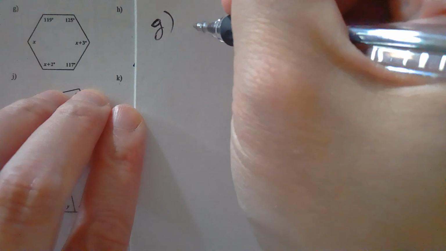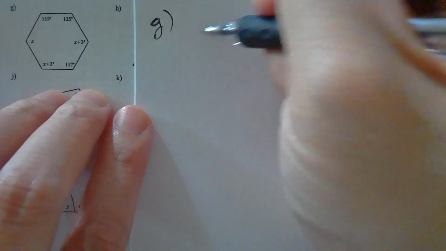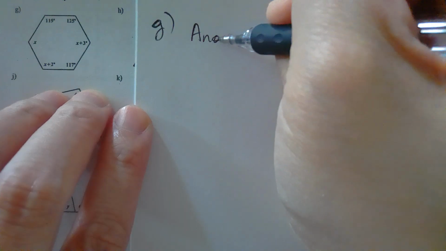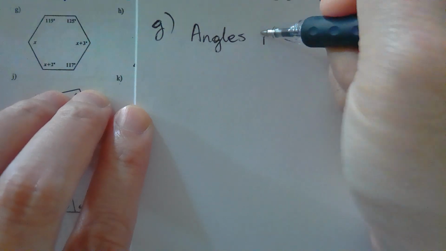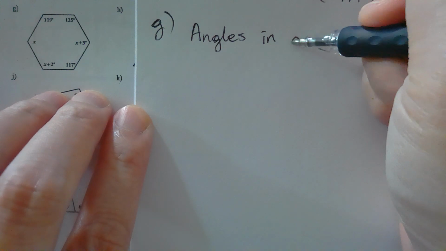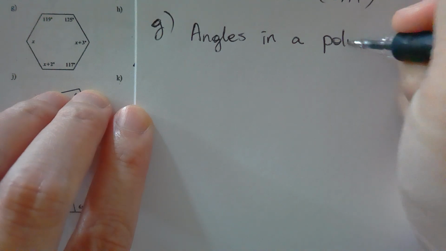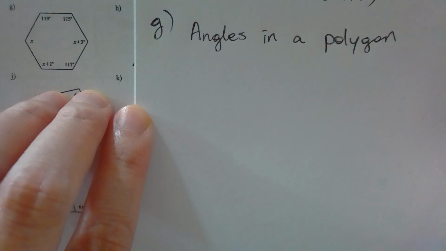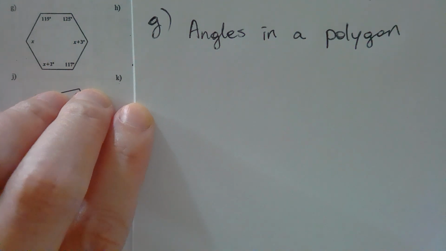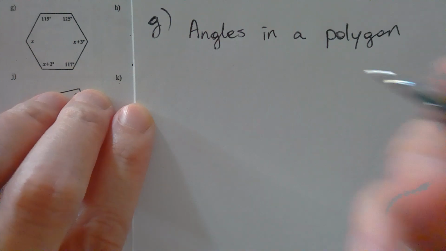6 angles. Okay. Angles in a polygon. Oh, okay. You could think of it like that.